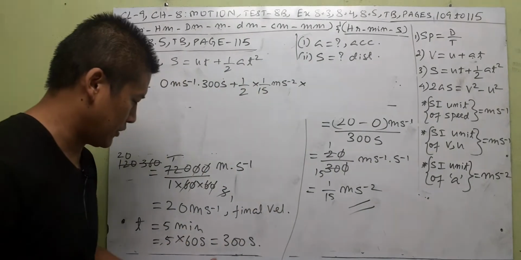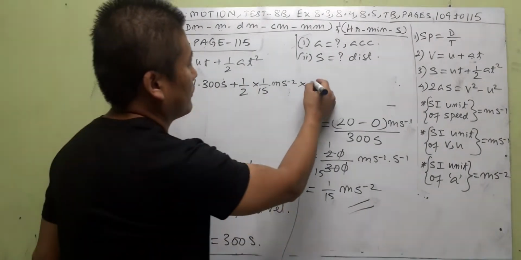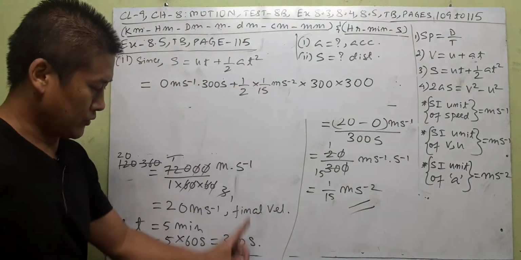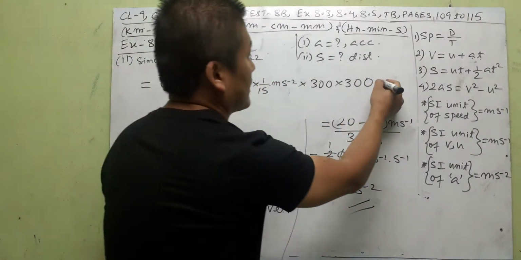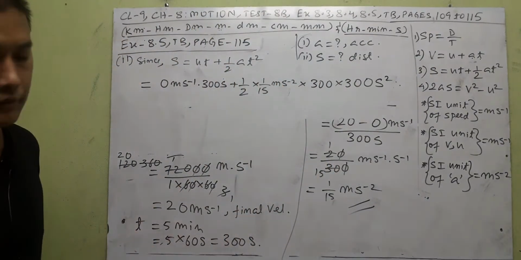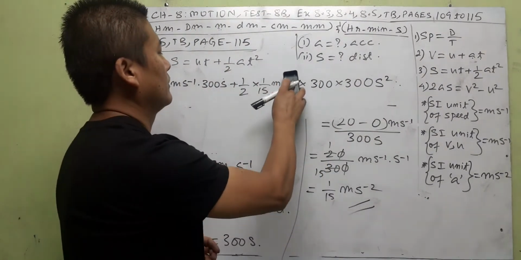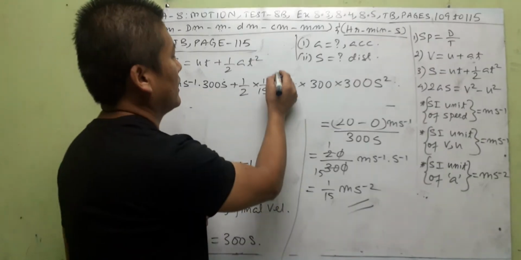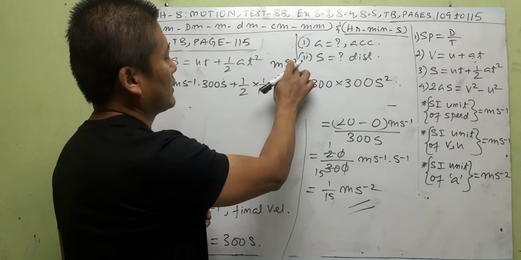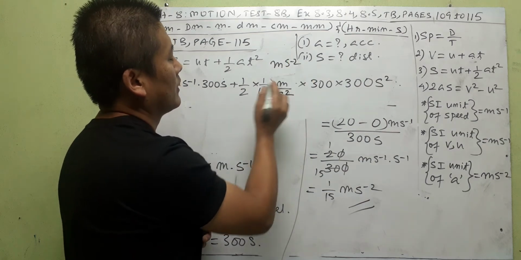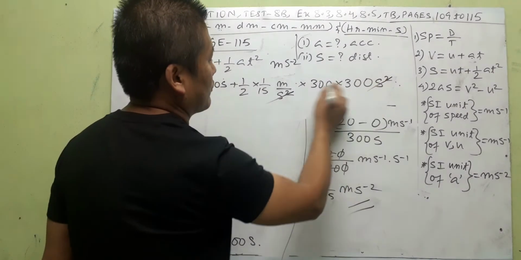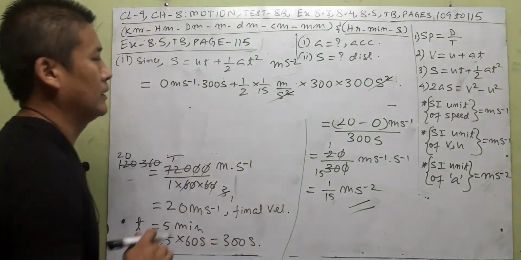So T is here 300, so let us put there 300 into 300. Please remember it is T square, so second into second will come here. Meter per second square is the same as, you bring this minus 2 power down, then it becomes s square, right? So we can cancel this s square and s square because everything is multiplication.